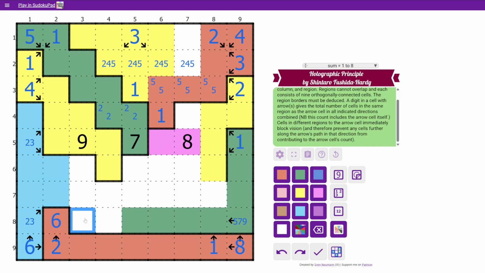So we can ask, can anything reach this? And the only thing that can is pink. So pink must go toward pink. Yellow obviously cannot poke into here, or else pink would not connect to itself.